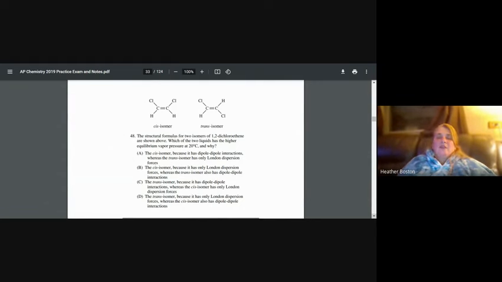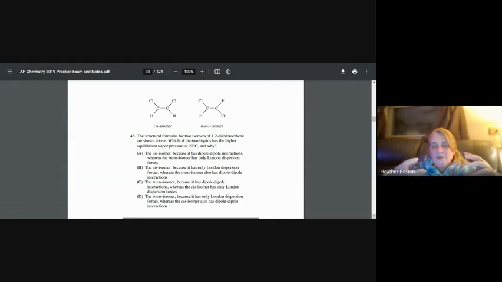Okay, isomers means the same chemical formula, but different molecular structures. So if you notice that these do not rotate because of that double bond. So in the cis, both of the chlorines are on the same side of the molecule. In the trans, they're on the opposite.